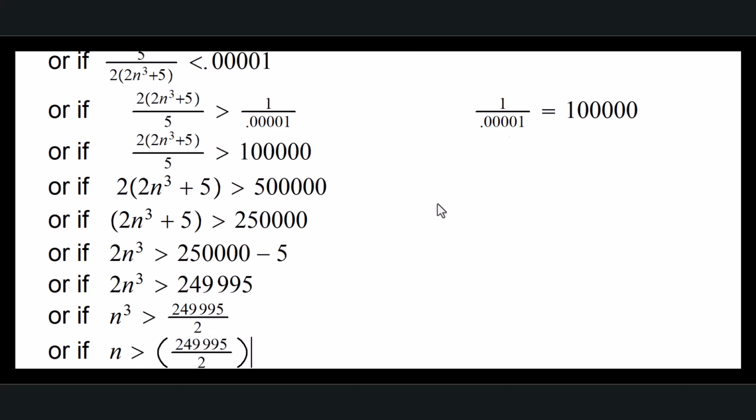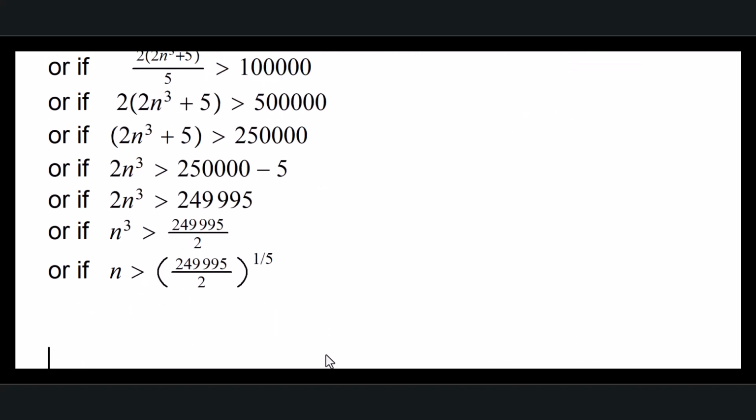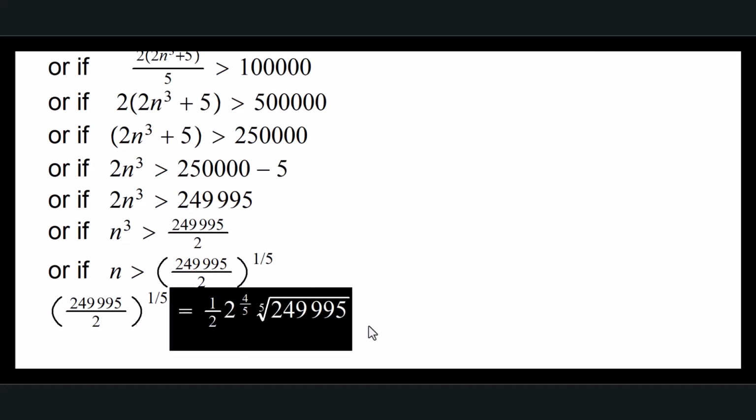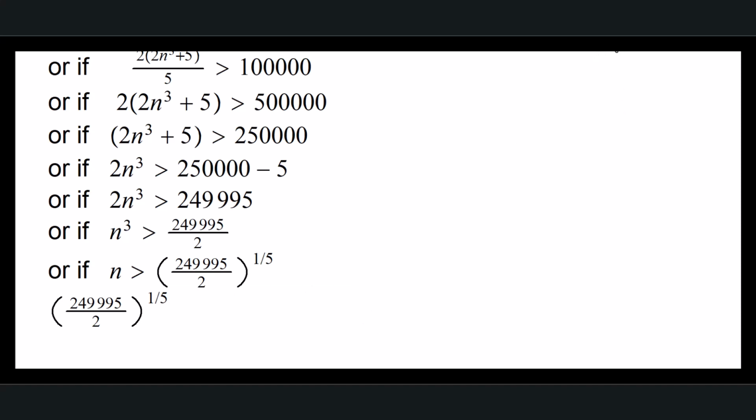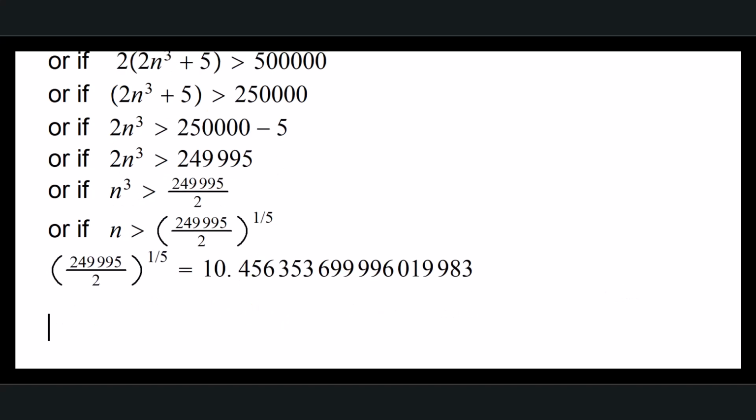So let's look at this here. This is the cube root of this, and you can use your calculator now to get an approximate value. So here is an approximate value. What happens is that in this case, just capital N equals 11 will suffice.